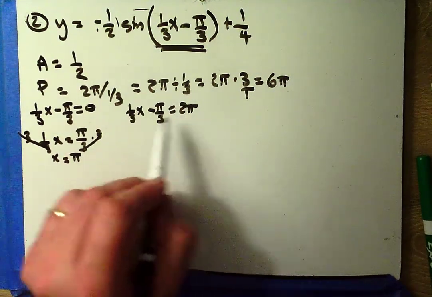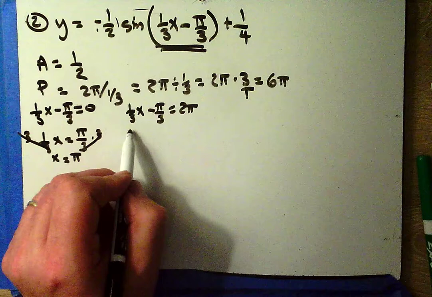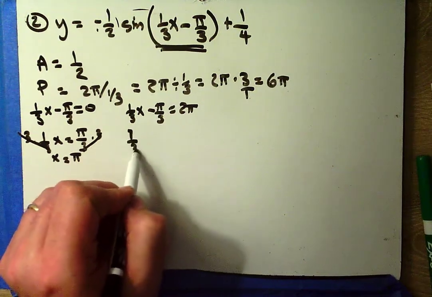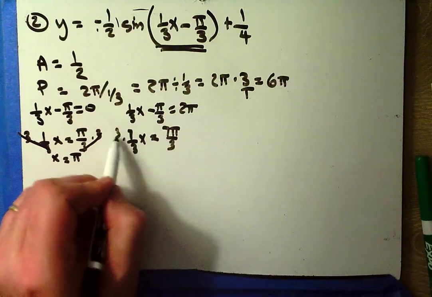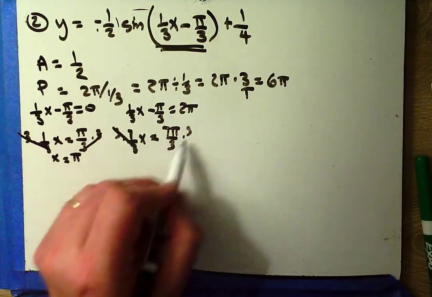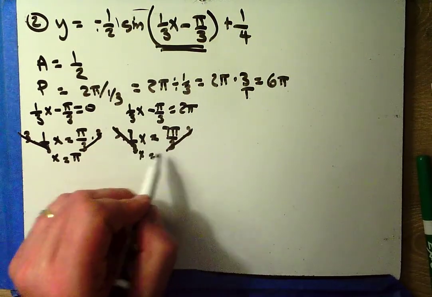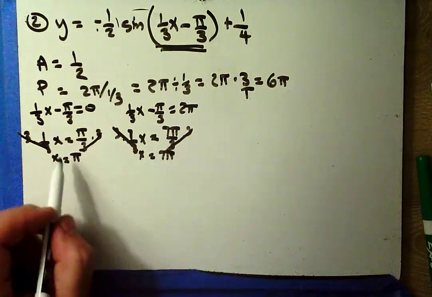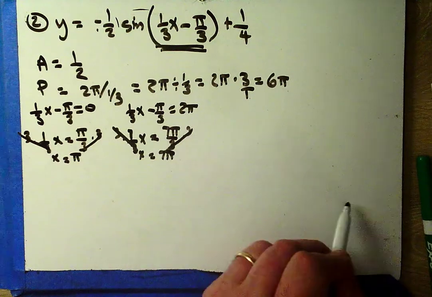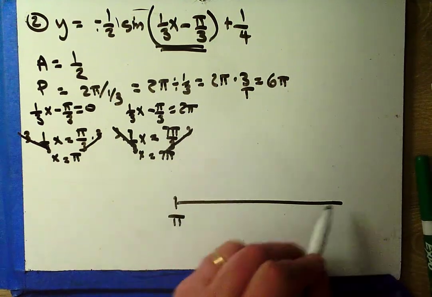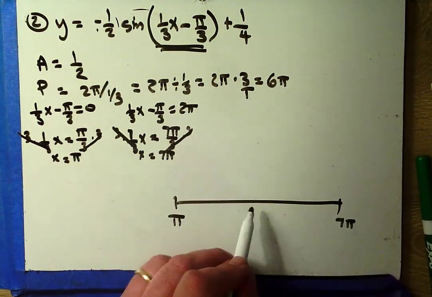This is 6 pi over 3 plus 1 pi over 3, which is 7 pi over 3. So 1/3 x equals 7 pi over 3. And if we multiply both sides by 3, we get x equals 7 pi. So we're starting at pi, and we're ending at 7 pi. So this is pi, this is 7 pi.